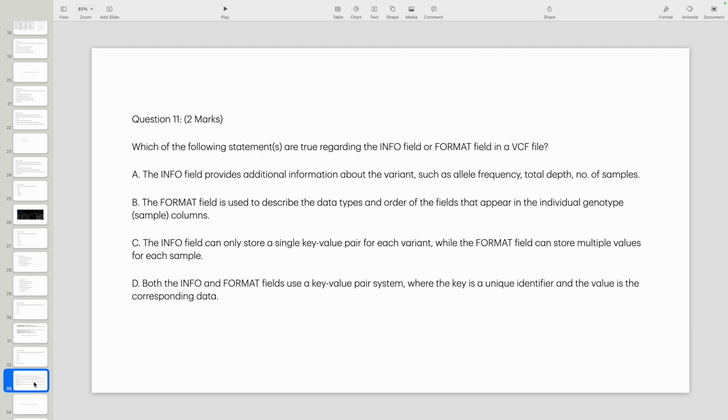We have one option A, B, and D. Are there any other option that might be correct apart from A, B, and D? So we will look into it.